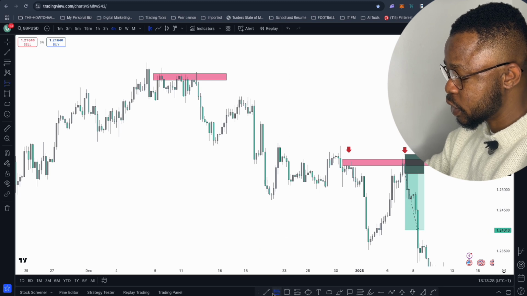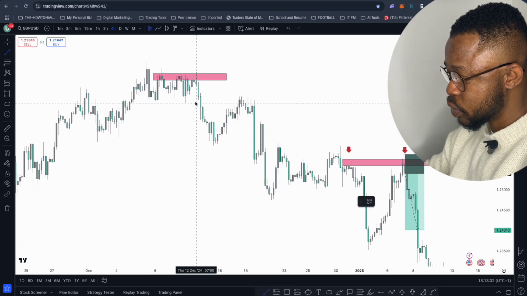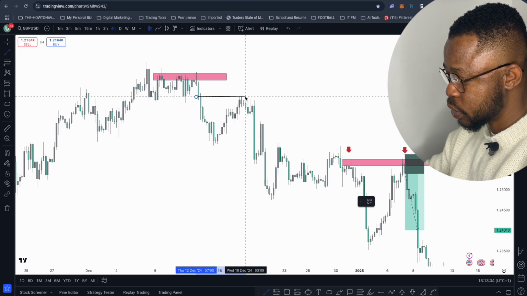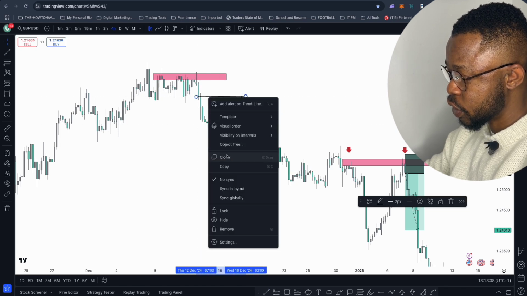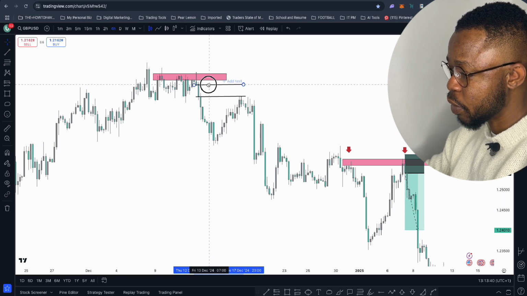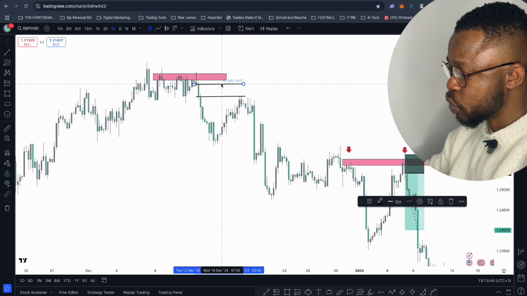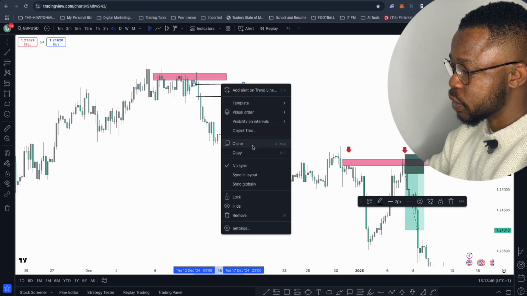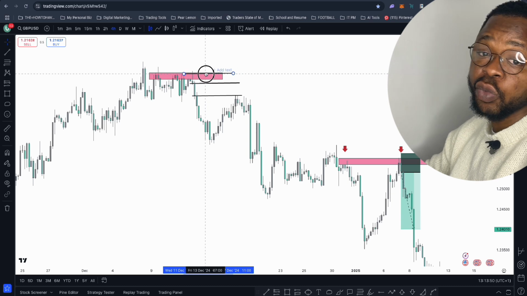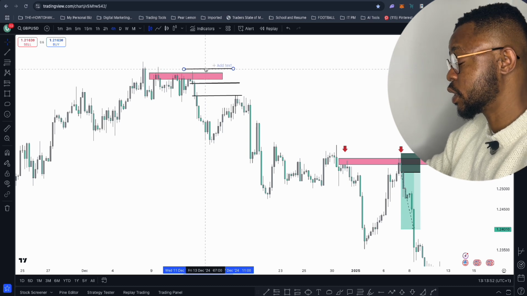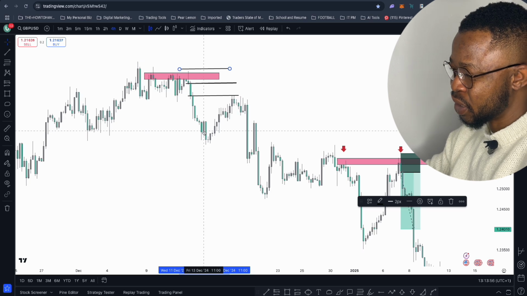If you take a sell at this area, or at this area, let me clone this, or at this area, your stop loss has to be above here. If you put your stop loss anywhere below this wick, you are just inviting trouble, or you are basically not respecting the market.